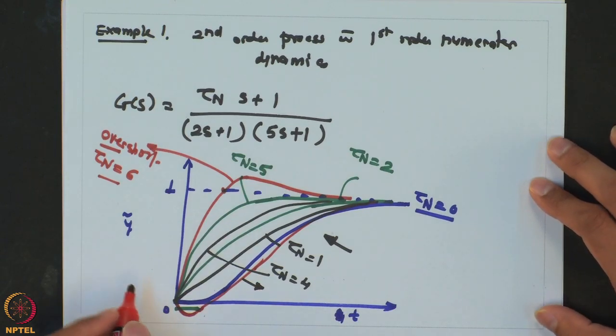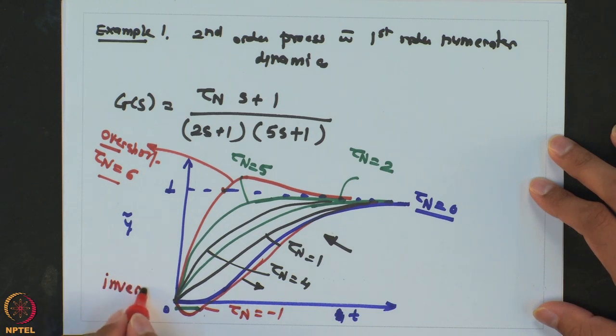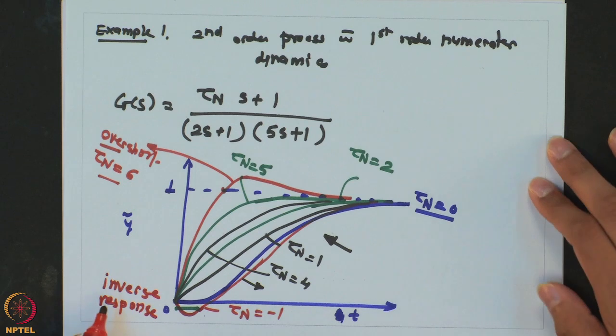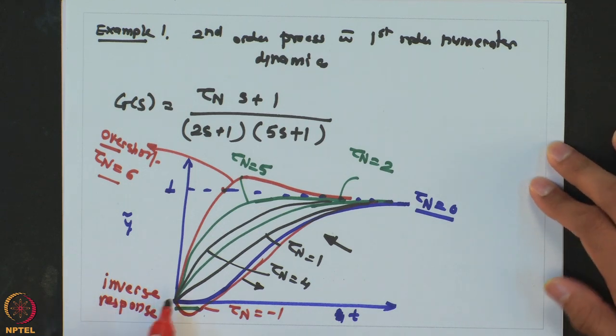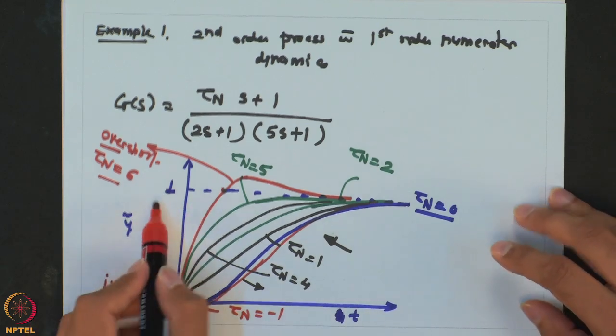So, what you are seeing is, initially the response is actually going in the opposite direction. This type of response you can get when tau n is equal to -1, and this response is known as inverse response. The reason it is called inverse response is because the final gain between input and output is positive.